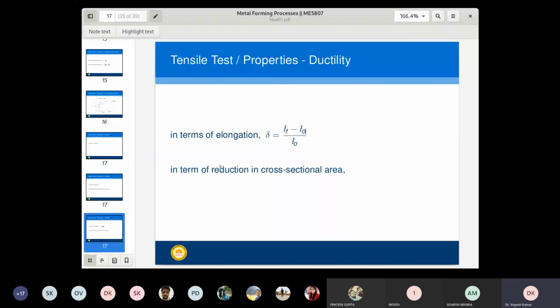For calculating the percentage reduction in cross-sectional area, we take the change in area: the original area subtracted by the final area, so AO minus AF divided by the original cross-sectional area. This gives the reduction in cross-sectional area. If you multiply it by 100, it will give you the percentage. This is how we identify ductility.